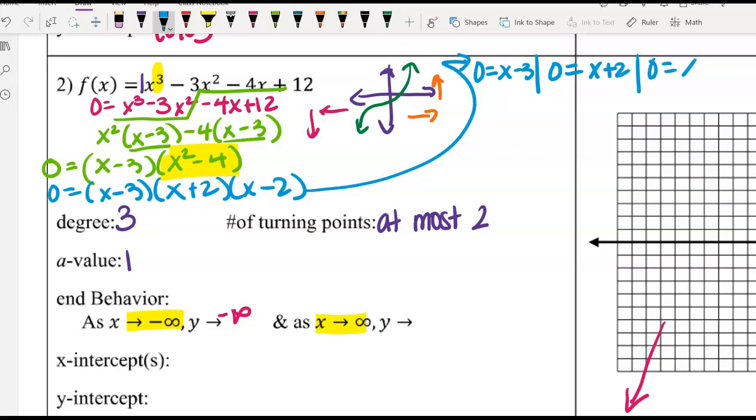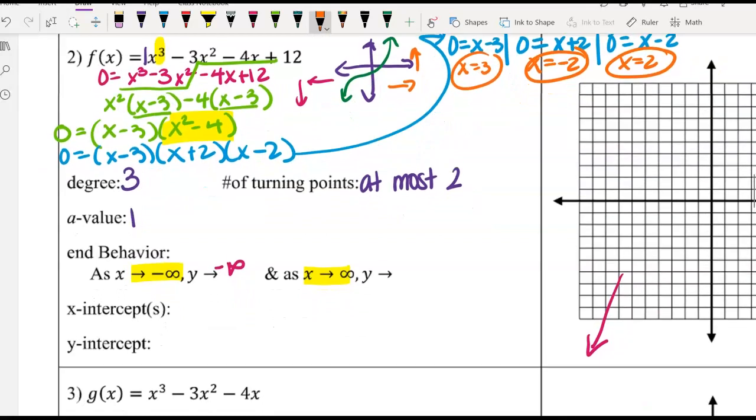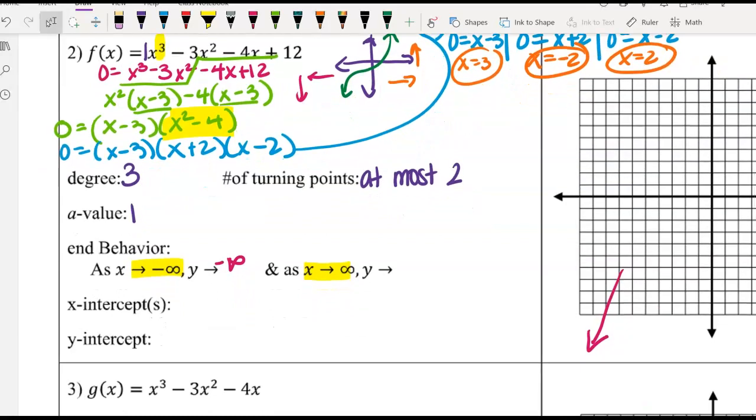Next is 0 equals x minus 2. Then if x minus 3 equals 0, then x has to be 3. Then this one has x equals negative 2. Then this one has x equals 2. So we have 3 x-intercepts. Let's write it in: 3 comma 0, and then negative 2 comma 0, 2 comma 0.